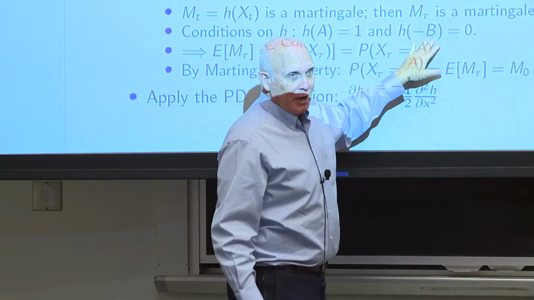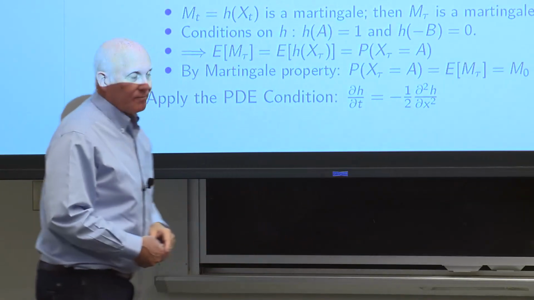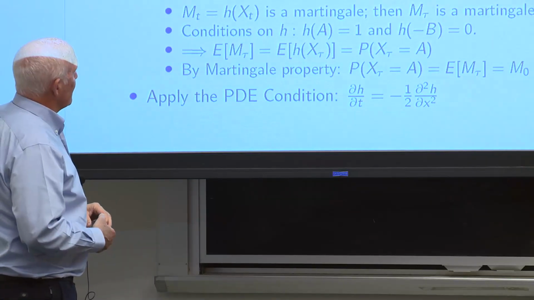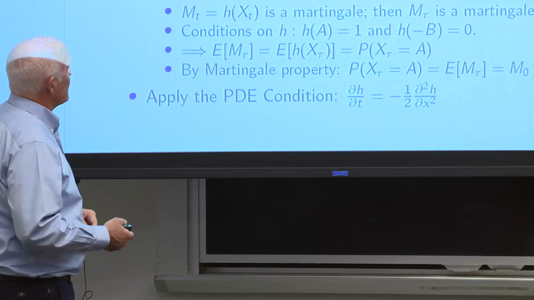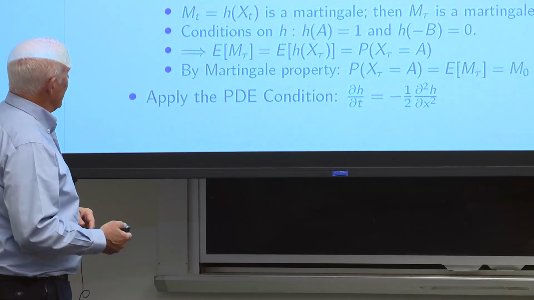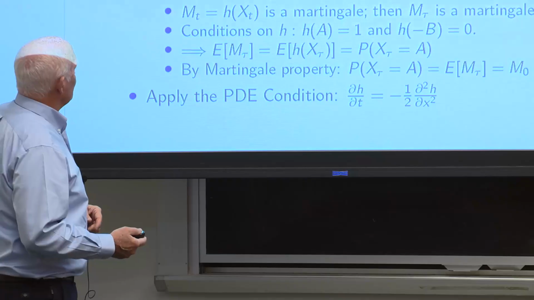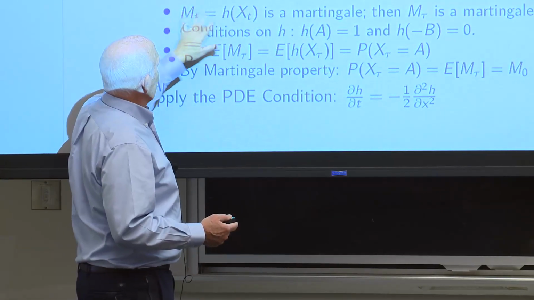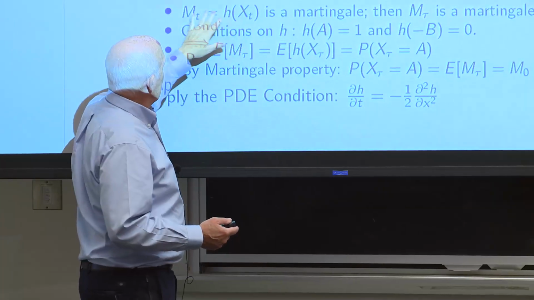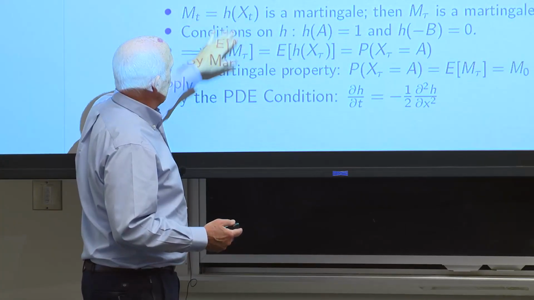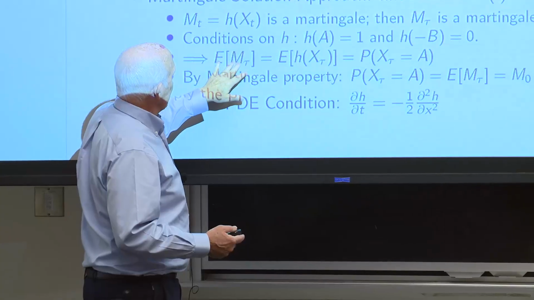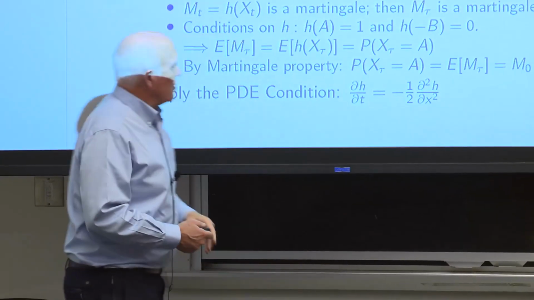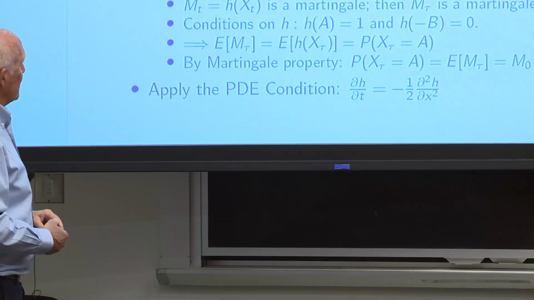And if we start at minus B, the probability is 0. So this is fixing the terminal conditions of the function h when it hits the limits A or minus B. If we have a martingale that satisfies this function h of Xt, then the expectation of the stopped martingale is simply equal to the probability that X tau equals A.